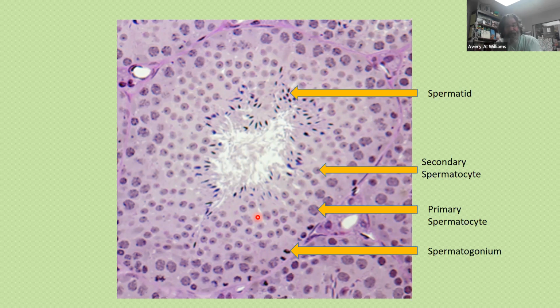We're not finished yet. These cells have to divide again. What happens to the chromosomes in meiosis 1 is, remember, you get a set from mom, a set from dad. They're called homologous pairs. What happens in meiosis 1 is the homologous pairs separate into daughter cells.